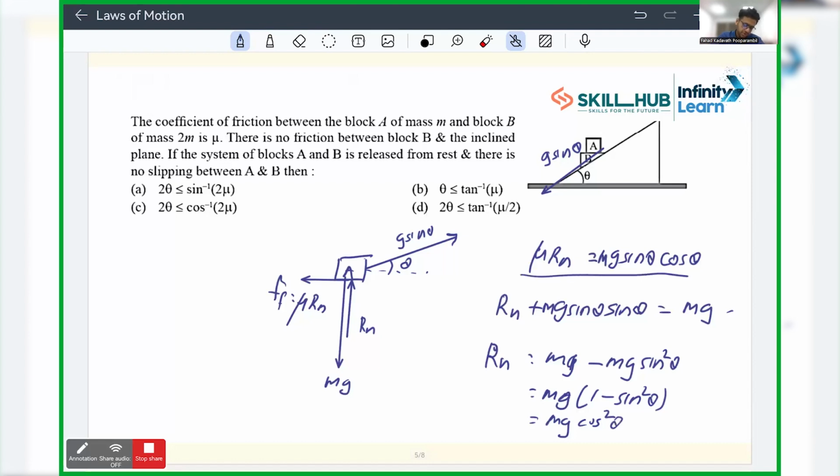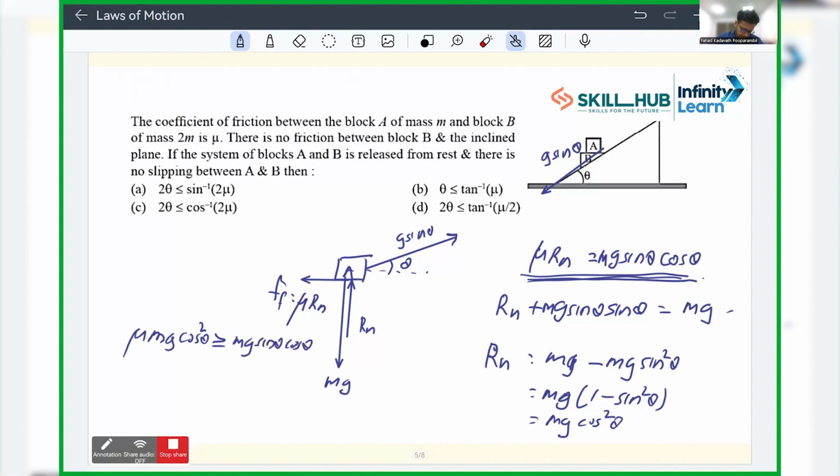From this relation, if it should not slip, the frictional force mu Rn, where we substitute Rn as mg cos square theta, should be greater than or equal to the horizontal force, mg sine theta cos theta. Out of this, you can cancel mg and mg together, then one cos theta from the cos square theta.